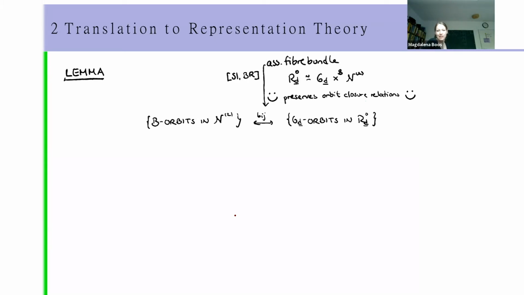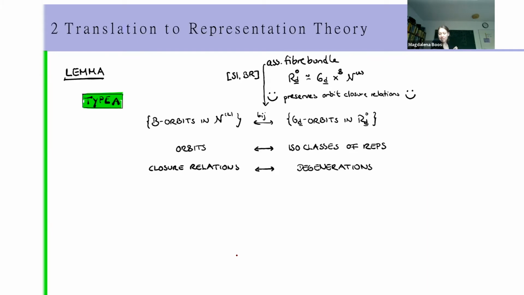This is very nice. The orbits on the left-hand side correspond to the isoclasses of representations. This is an explicit bijection, so we know how to translate. And the closure relations correspond to so-called degenerations. These are the things we need to understand now: isoclasses and degenerations.